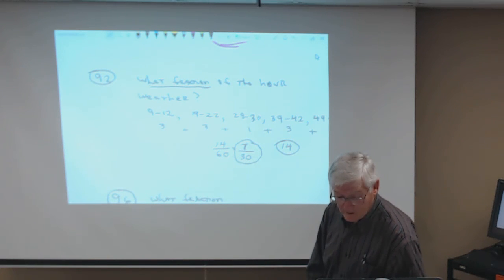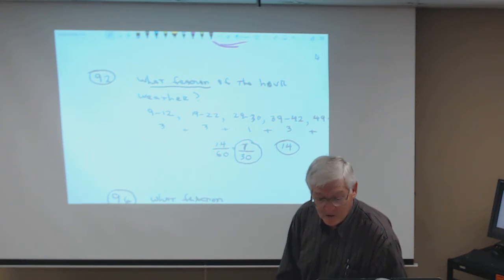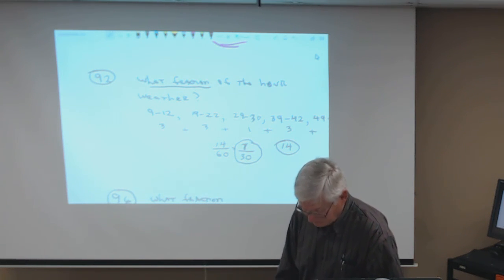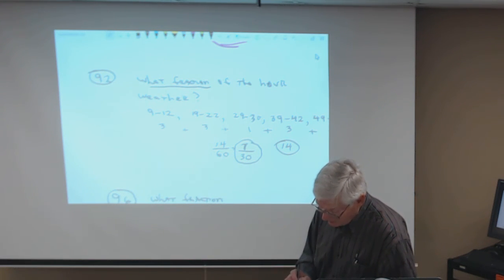Number 92. What's this all about? In problems 92 to 101, refer to the diagram below. So 92 says, what fraction of the hour is weather?